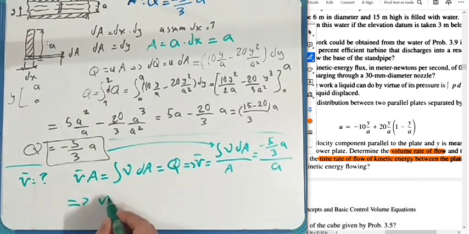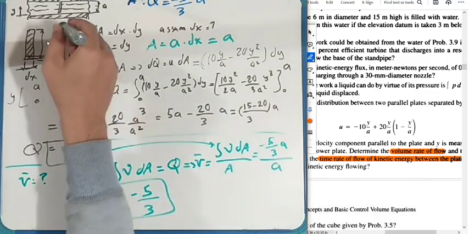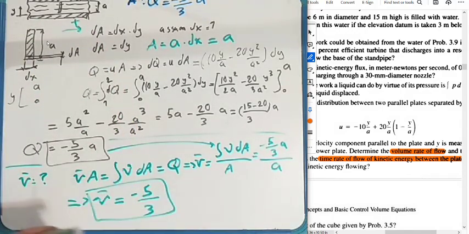Then v bar will equal minus 5/3, and the direction, if I assume this is the positive direction, the velocity direction will be to the left.